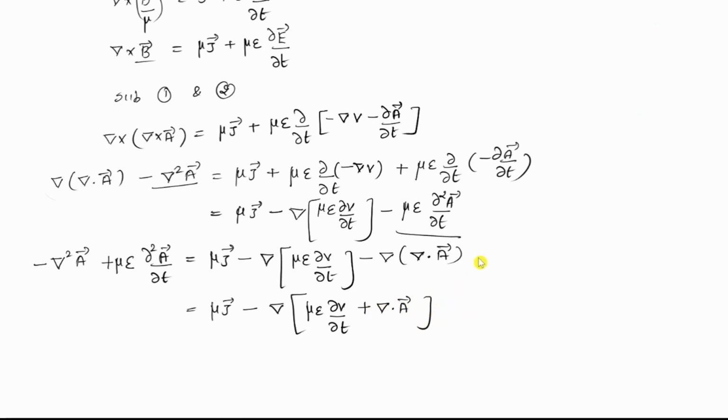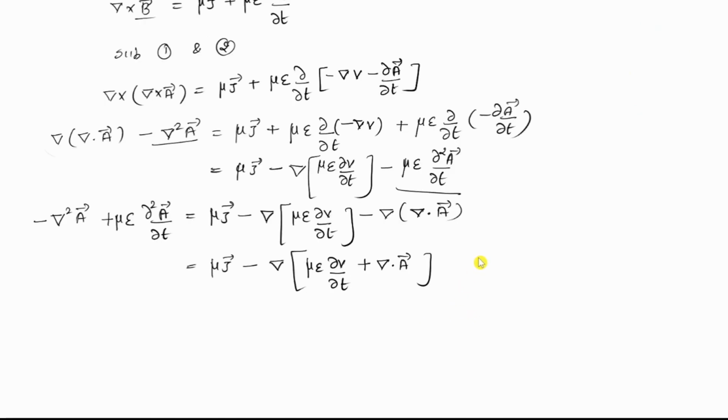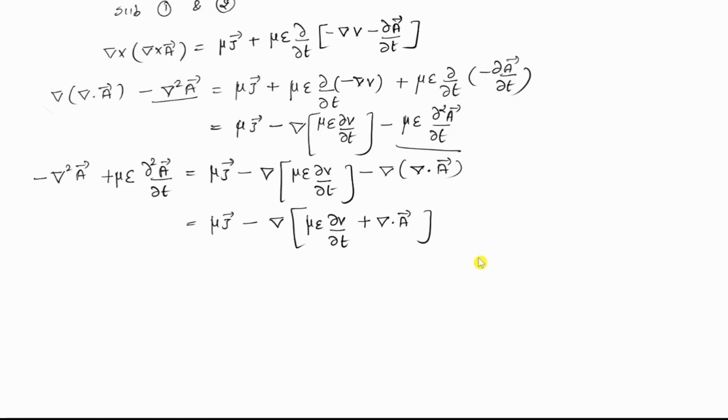Now if you want to find the non-homogeneous wave equation, we must bring this term to be 0. Then only we can get the wave equation, because as I already said, a wave equation means the equation will have the second order derivatives.